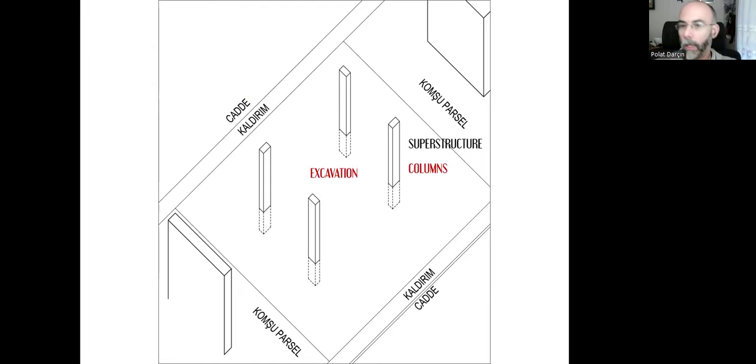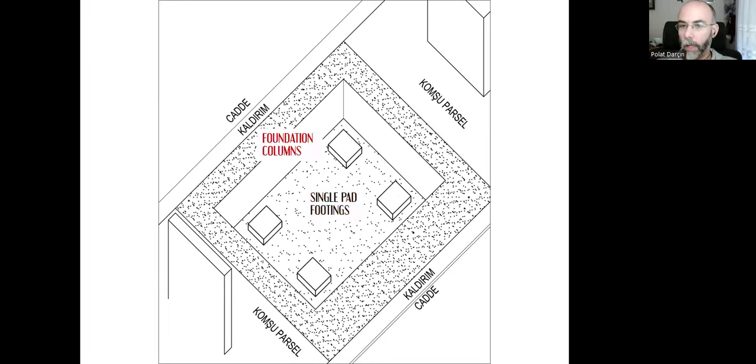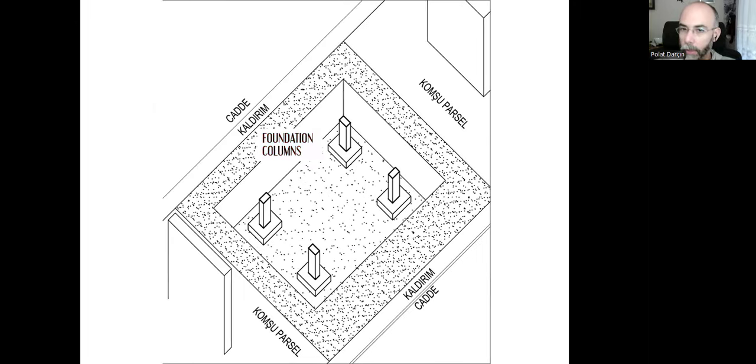But first, we need to do the excavation because we need to go deeper inside the earth in order to anchor the superstructure. So first we need to excavate the earth. That's our excavation pit. Now we can construct single pad footings, and over them there will be reinforced concrete foundation columns.